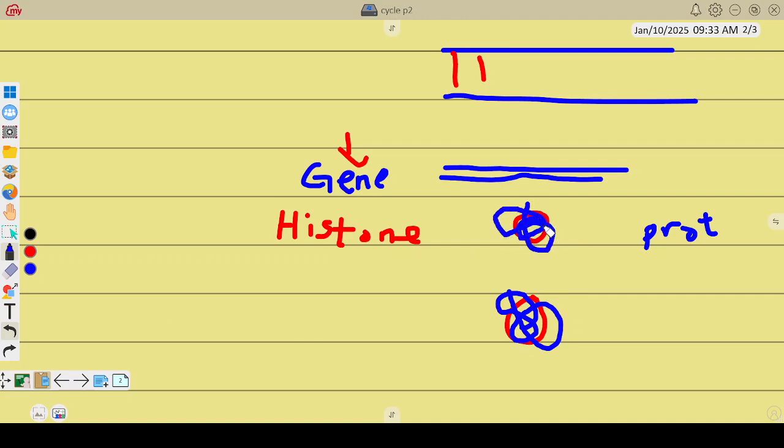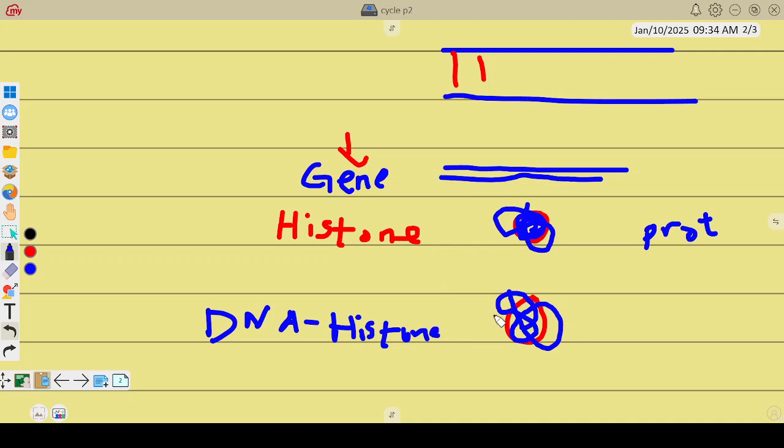The complex by which the gene wraps around the histone, we call a DNA histone complex, or other texts will say gene histone complex.